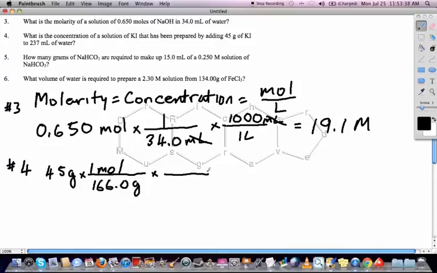So I'm going to multiply by 1 over 237 millilitres. And again, we need to do this conversion from milliliters to litres, so we end up with moles over litres, which is what we wanted.